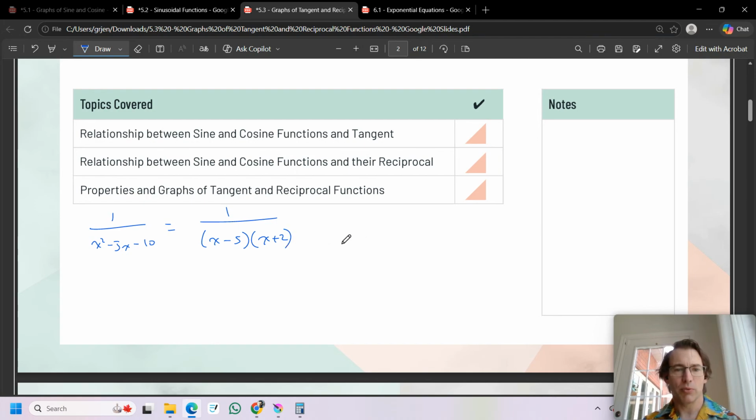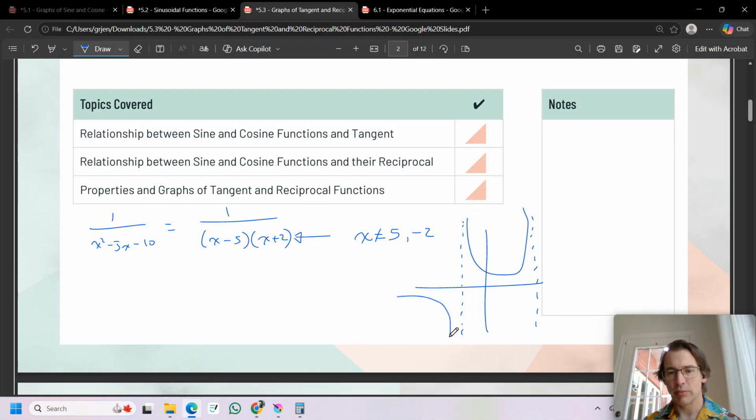Then you would have said, I know this is going to have vertical asymptotes, because we clearly cannot have the denominator equal 0, so x can't be 5, nor can it be minus 2. Then you would have proudly shown your asymptotes like so, and then graphed the function something like that.